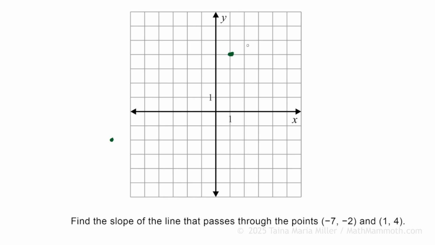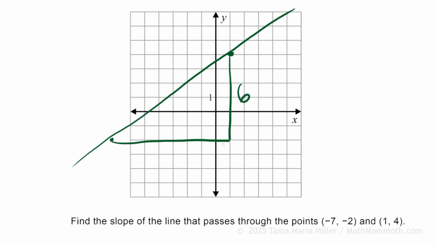So a line through these 2. Here's my rise. Here's my run. It's hard to draw the line exactly with just a pen. But my rise is 6 and run is 8. So we get 6/8 or 3/4.